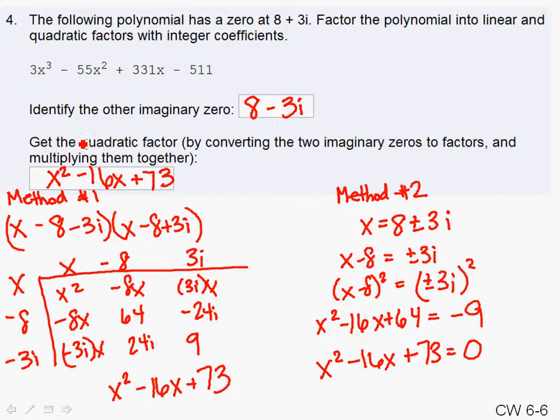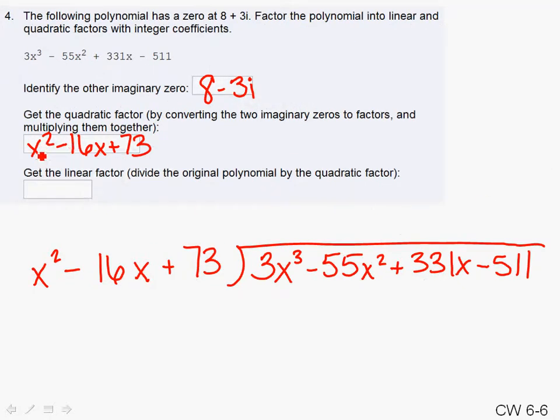Okay, we know we also will need a linear factor because we have x cubed. Okay, so we're going to take this quadratic factor and we're going to divide it into the 3x cubed minus 55x squared plus 331x minus 511.